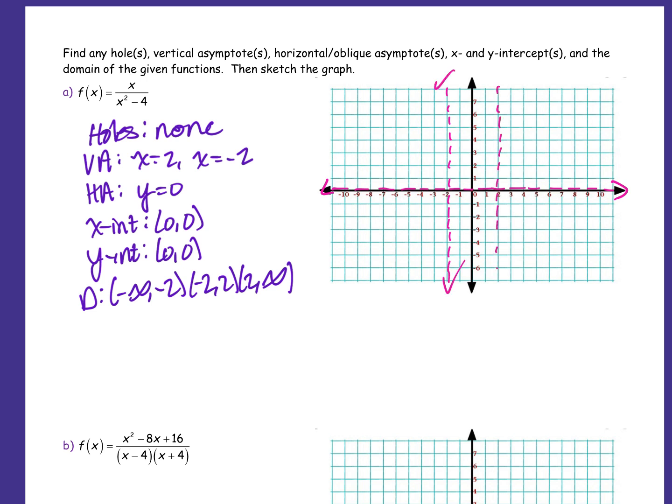It looks like a check on the end instead of an arrow. Let's see. I've got a 0, 0, and I think that's all the points I have. Okay, there's the first one.